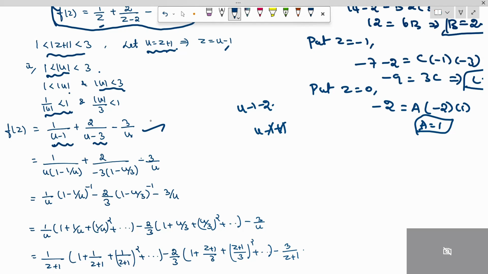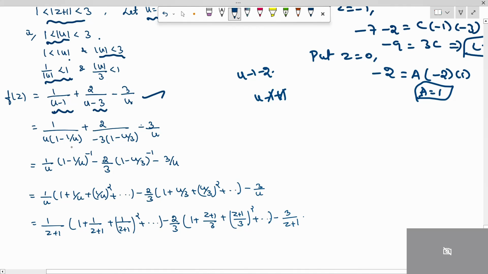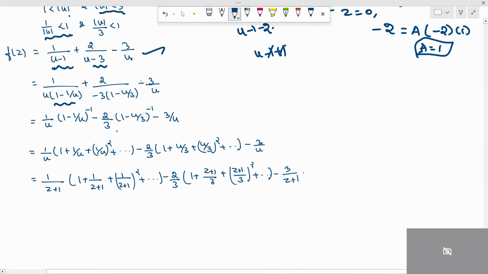Now the denominator term goes to the numerator: it will be 1 minus 1 by u whole power minus 1, minus 2 by 3 into 1 minus u by 3 whole power minus 1, minus 3 by u. Now apply the binomial expansion formula, which is in the form 1 minus x whole power minus 1.